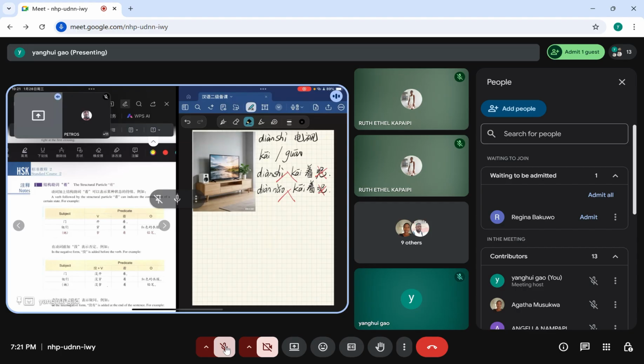To describe this situation, I can say my microphone 开着呢. Microphone, in Chinese, is 麦克风. 麦克风开着呢. The microphone is on.